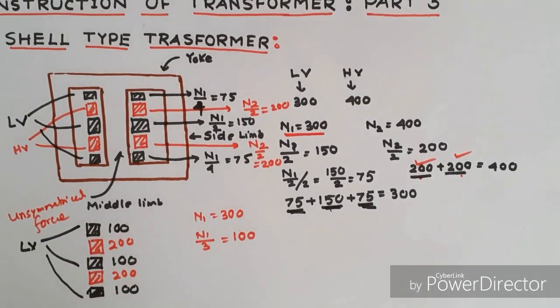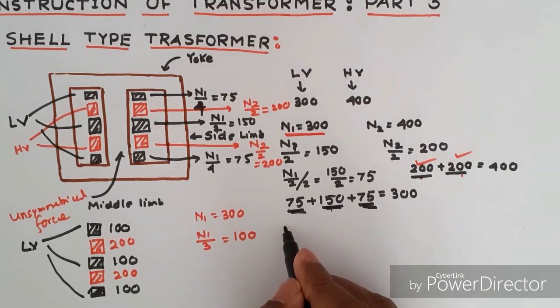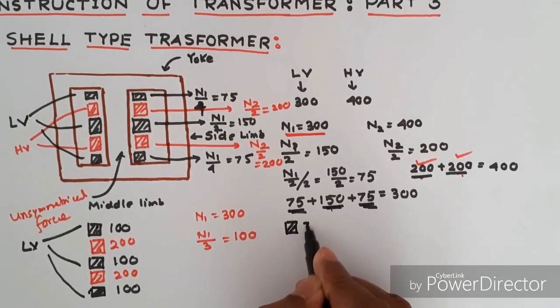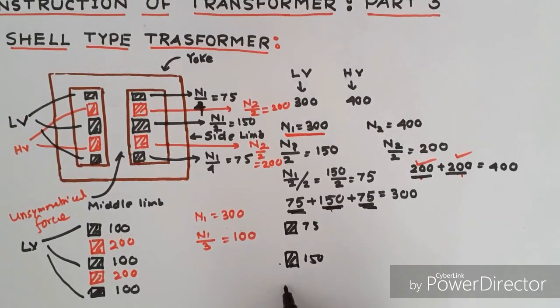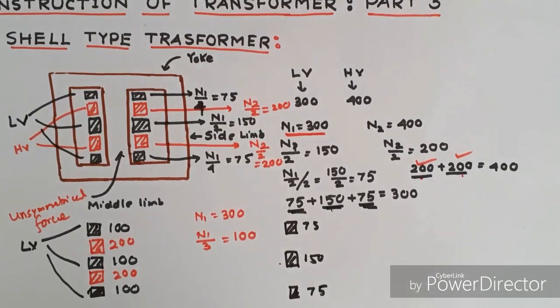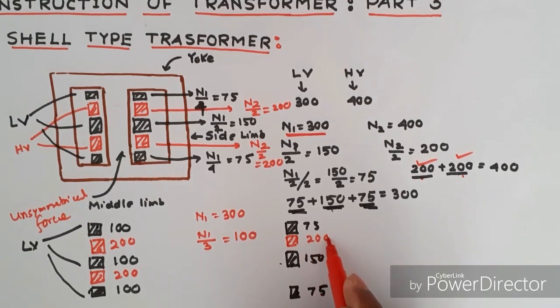But if the middle LV winding is double that of the upper and lower LV winding, like this is 75, then in the middle 150, in the lower also 75, and the high voltage is half of high voltage, 200 number of turns.